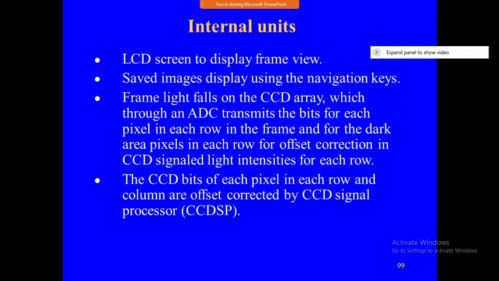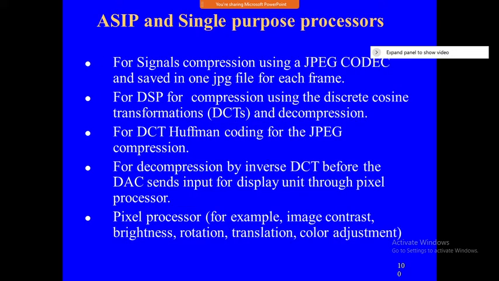CCD bits for each pixel in each row and column are offset corrected by the CCD signal processor. This DSP is there, and through it the data is offset corrected. Next is the ASIP and the signal processor, for signal compression using the JPEG codec, coder and decoder.